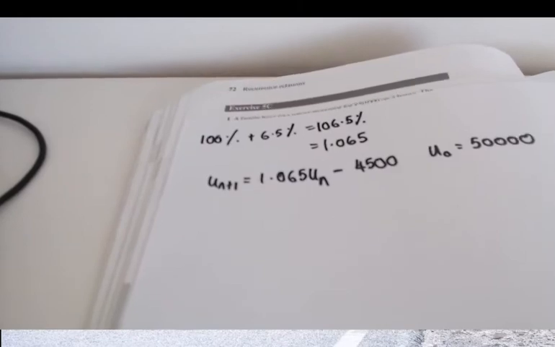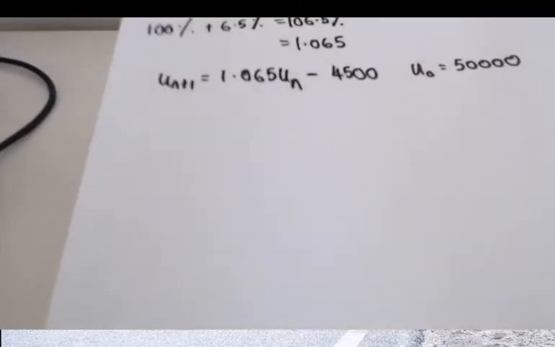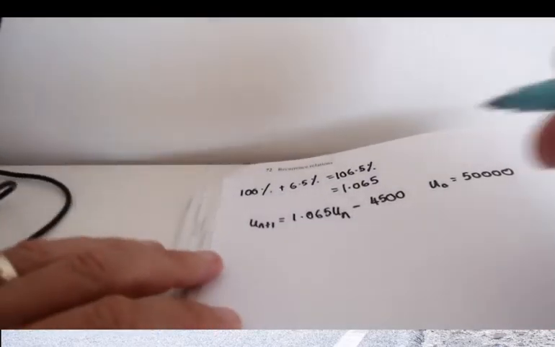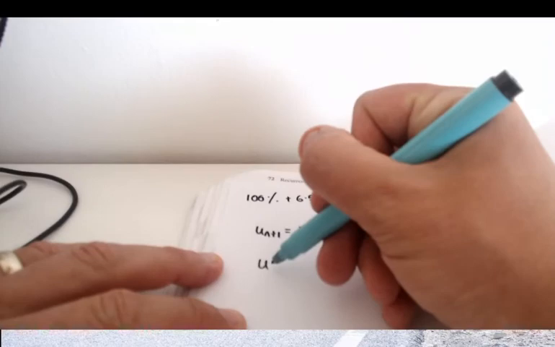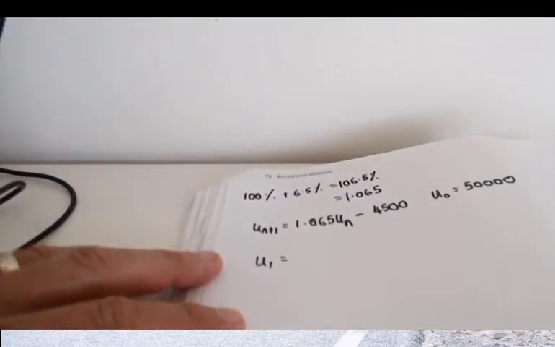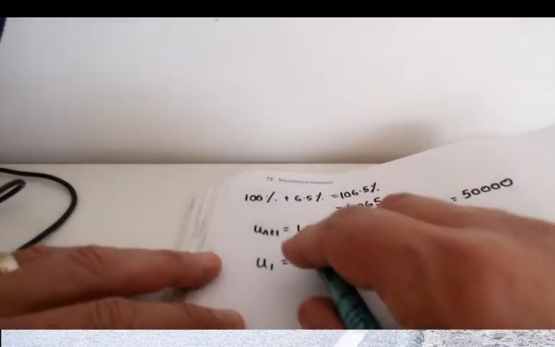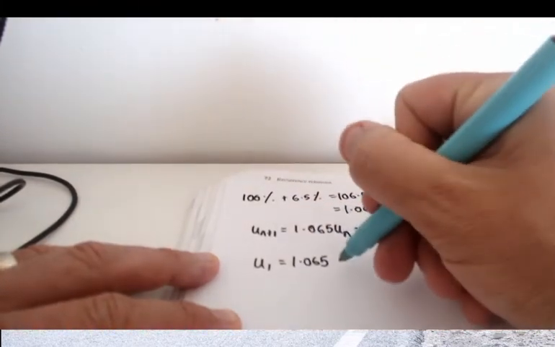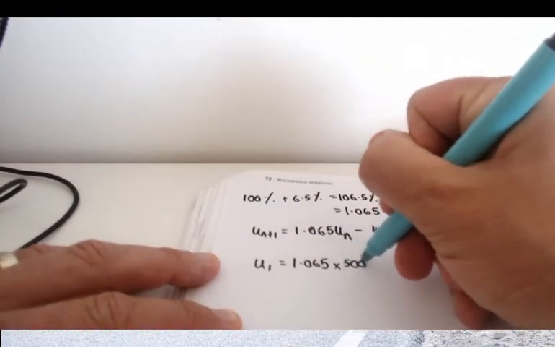Now they want me to work this out. How much will I owe after 3 years and after 5 years? So let's have a wee go at doing that. U1, the first year. I need to take the 1.065 and multiply that by 50,000.